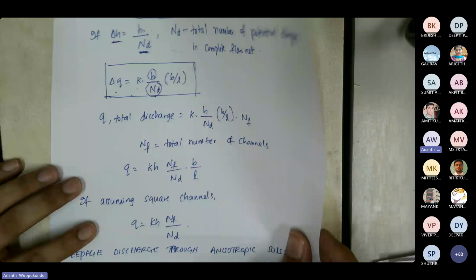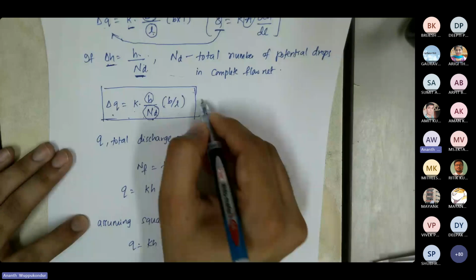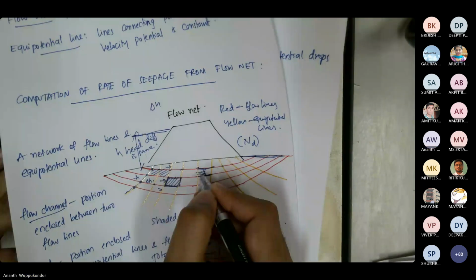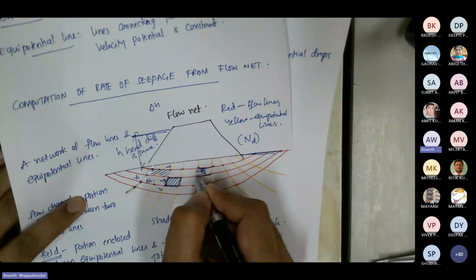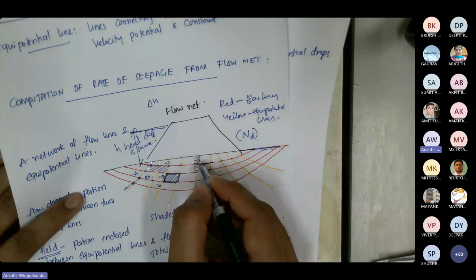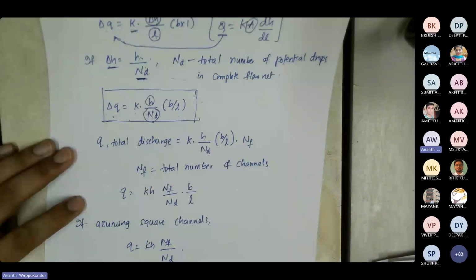Now we have only looked at one individual channel, but there are a number of channels. If the total number of channels is, 1, 2, 3, 4, 5, let's say 5, then I call the total number of channels NF.